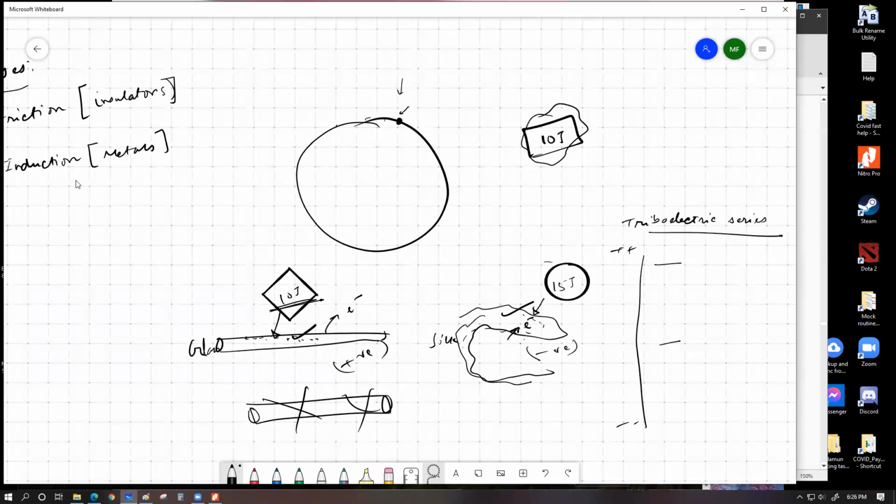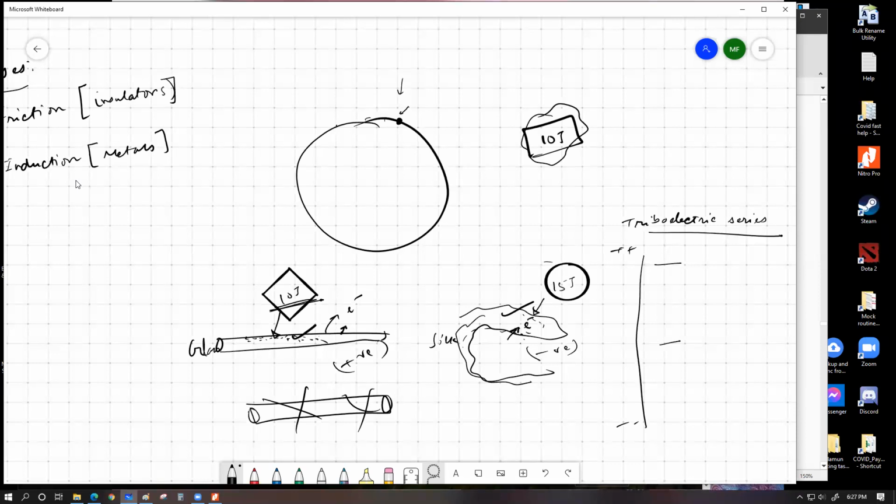The reason charging by friction works for nonmetals is that nonmetals do not carry electrons from one side to another. Whenever we are rubbing, the moment one electron gets free from the surface, it will not travel to other places. It will immediately get absorbed by one of the adjacent atoms. As you continuously rub, the electron absorbs energy, and the moment it manages 10 joule of energy, it frees itself and gets absorbed into the cloth.